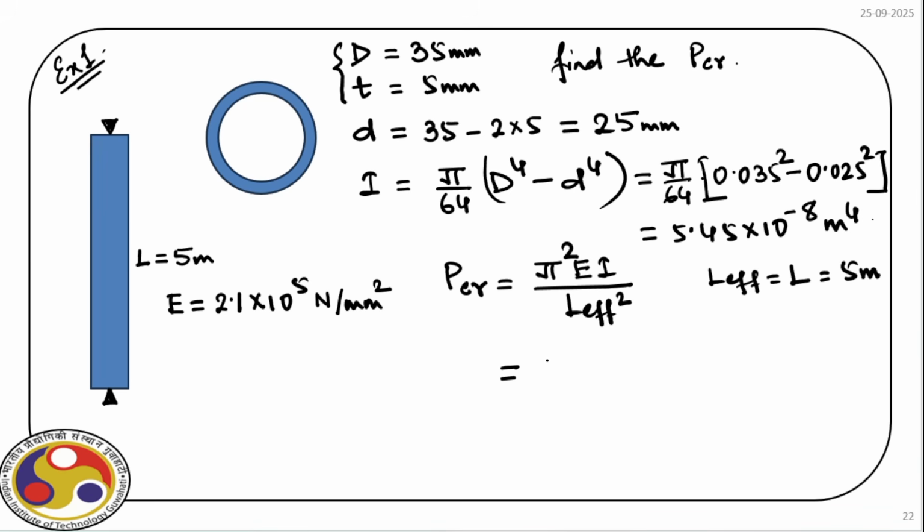Therefore we have pi square into E, which is 2.1 into 10 to the power 5 Newton per millimeter square.